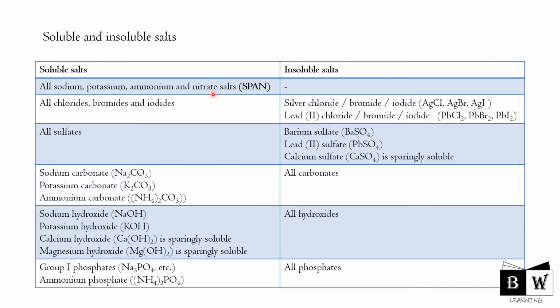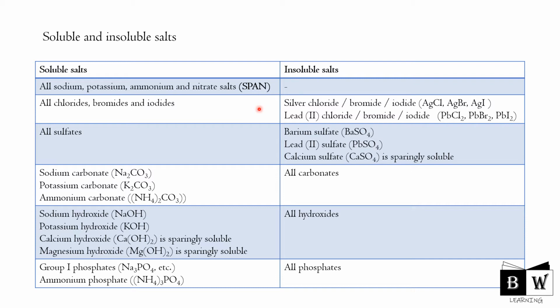We have an acronym called SPAN to help students remember them. For these four salts, it is important to note that there are no exceptions, and all of the SPAN salts are soluble. There are no insoluble salts associated with them.